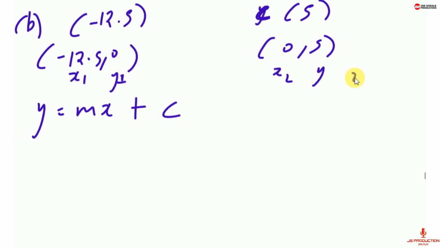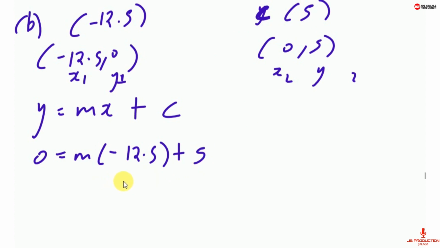So y is going to be equal to 0. M, we are trying to calculate m. Then we know that x is negative 12.5, plus c, we know that our y-intercept is 5.